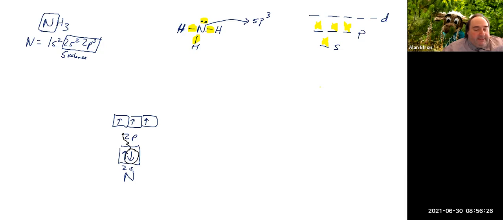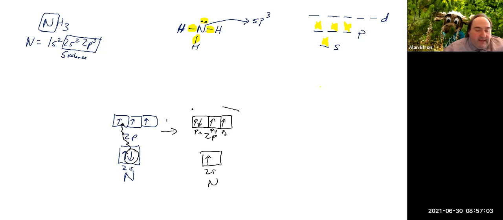So this one would end up over here in our px orbital, and then it's going to be promoted up to here. In our 2s and 2p of nitrogen, we would have one there, one there, one there, one there. And now when that electron comes up, we would also have that one going down, just like we do in electron configuration. Again, this being our px, py, and pz.